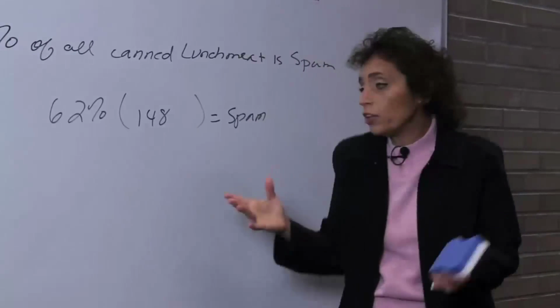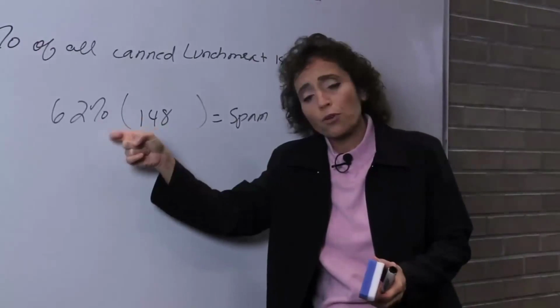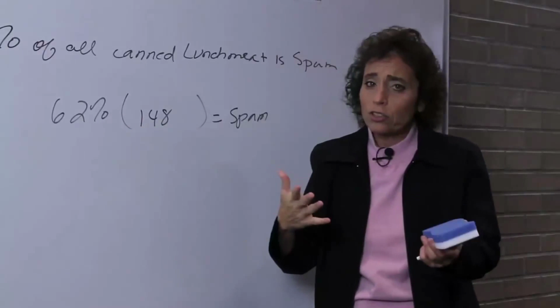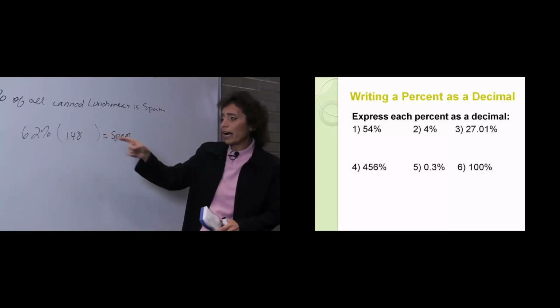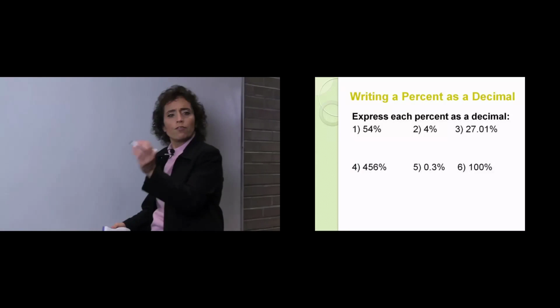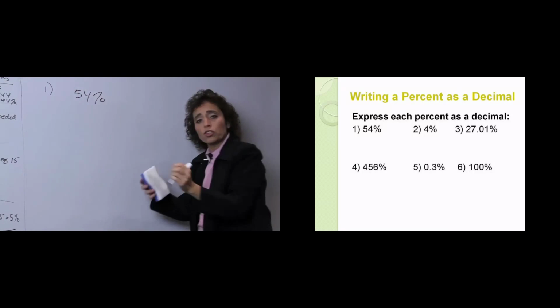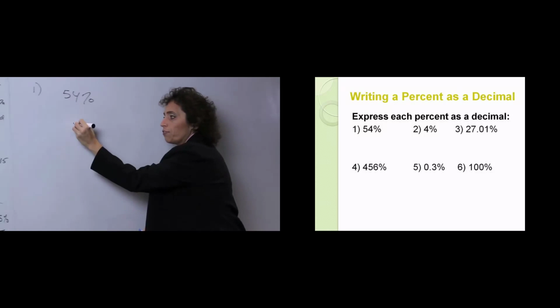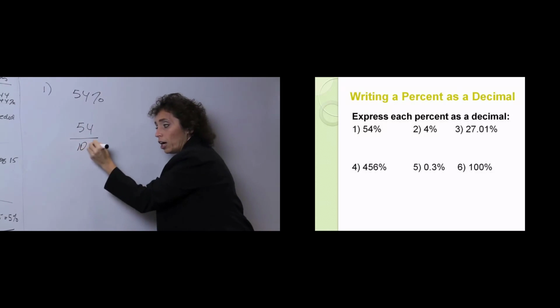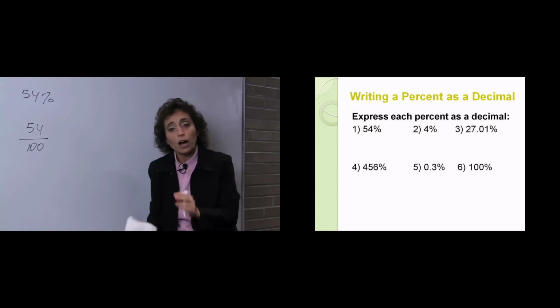Before we can do this, we have to learn how to multiply a percent by some number. So let's look at the following examples, and then we'll come back to this problem. Okay, 54%. Let's remember what that means. That means 54 out of 100, because percent means out of 100.